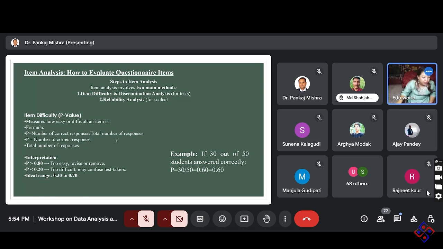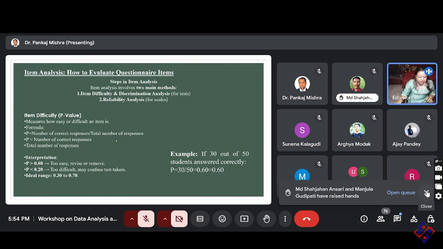To measure that, you have to find out how many people have given the correct responses. Out of 50 students, how many have given the correct responses? How many have given the wrong responses? You have to find that out.